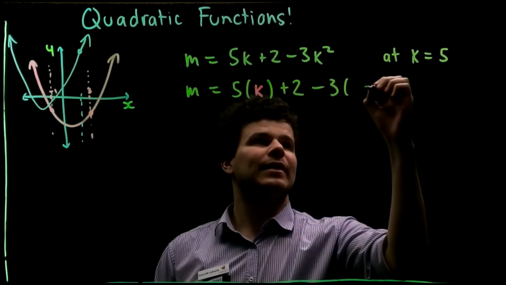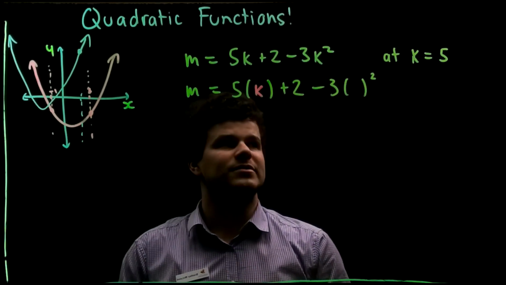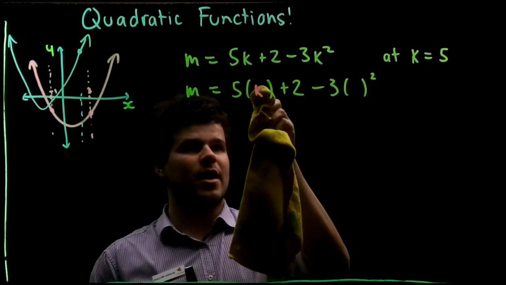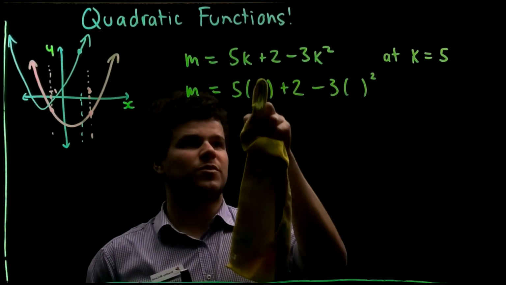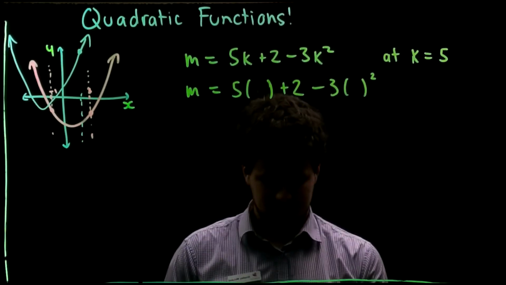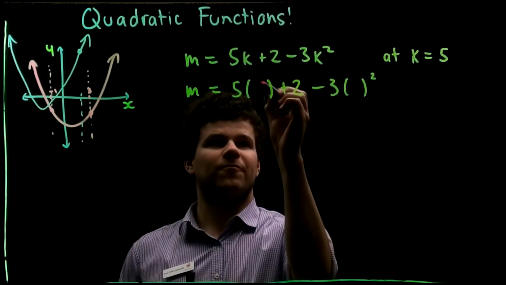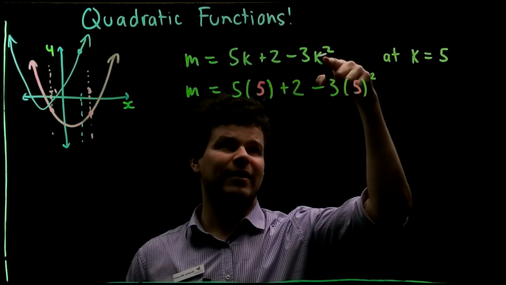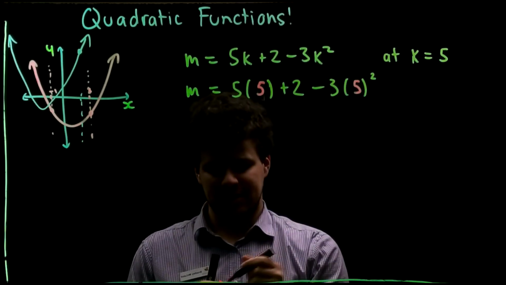And we've got minus 3k squared. And instead of k... Oh, hang on, I made a mistake. Sorry, guys. What was I meant to do there? Let's put a 5 in there, of course. Otherwise, I wasn't changing anything. So we'll put a 5 in there and a 5 in there, because the k there becomes a 5 and the k there becomes a 5. Everything else is the same.